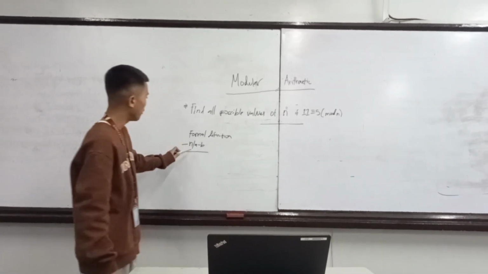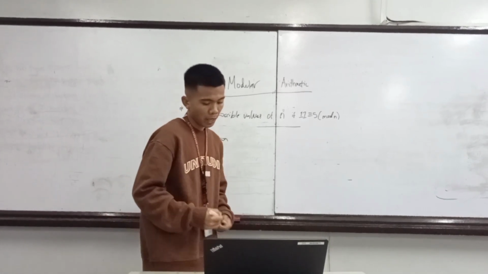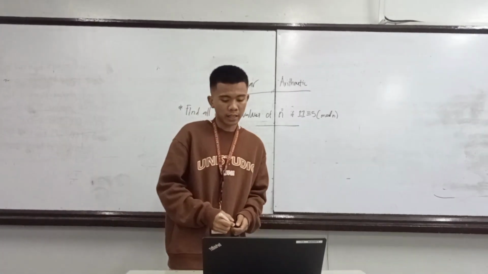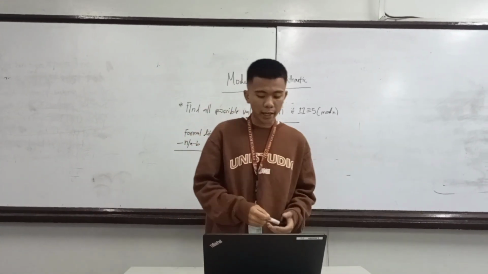n divides a minus b. This is our formal definition. Basically, what it means is if a is congruent to b mod n, then n divides a minus b.